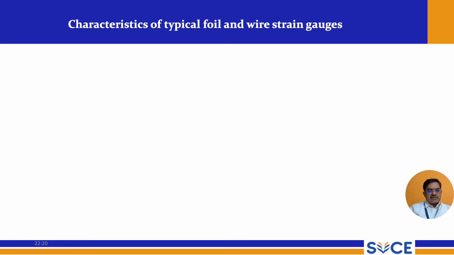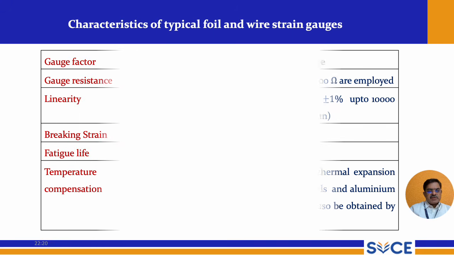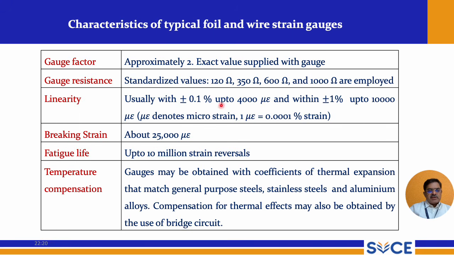So characteristics of typical foil type and wire strain gauges. Gauge factor is approximately 2. Exact value is supplied with the gauge. So the manufacturer will provide this. And gauge resistance, standardized values 120 ohms, 350 ohms, 600 ohms, 1000 ohms are employed.